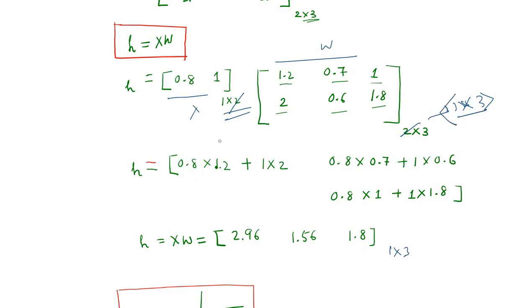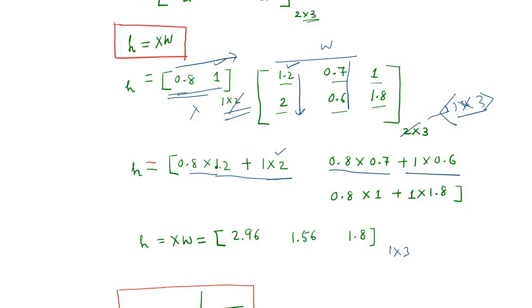If I multiply, 0.8 with this column, so 0.8 cross 1.2 plus 1 cross 2, and so on; 1 cross 0.6.